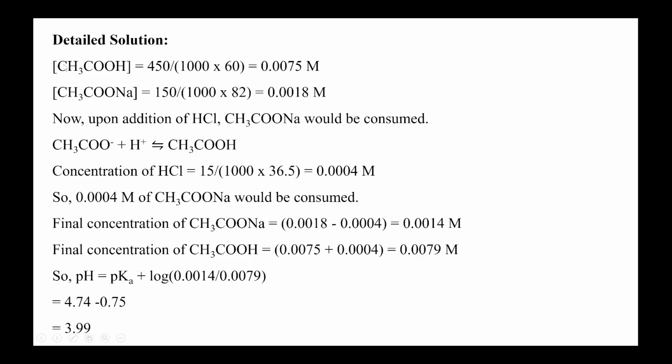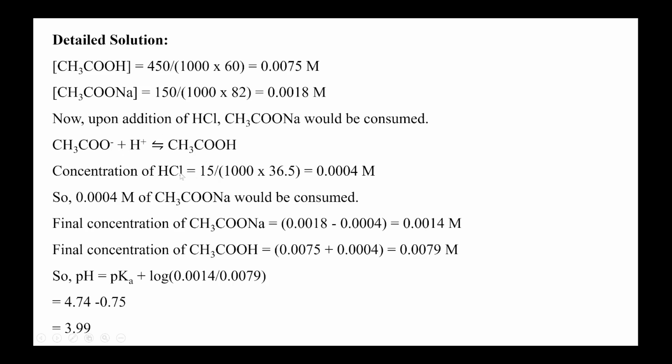So here is the solution. As I've told you, the initial acid concentration is 450 divided by 1000 into 60. It is coming to 7.5 millimolar or 0.0075 molar. Similarly, salt concentration is 0.0018 molar.